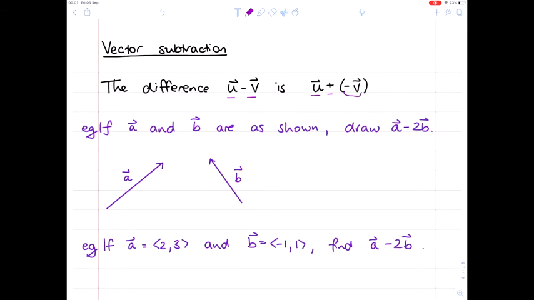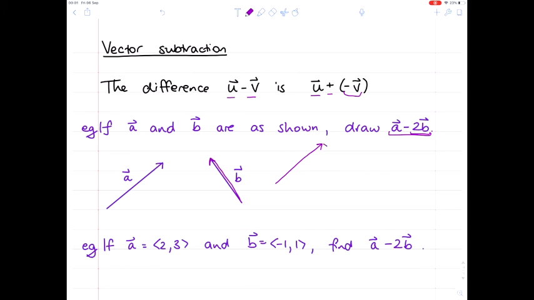So if our vectors a and b are as shown, we want to draw a minus 2b. Well, that means a is going to stay the same. I'm going to put a up here. And then we want a vector that is twice as long as b and going in the opposite direction. So b headed up like so.